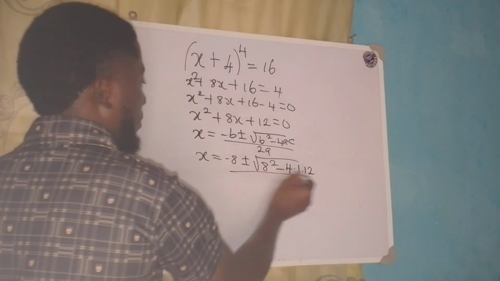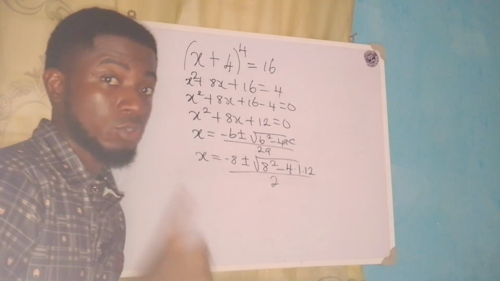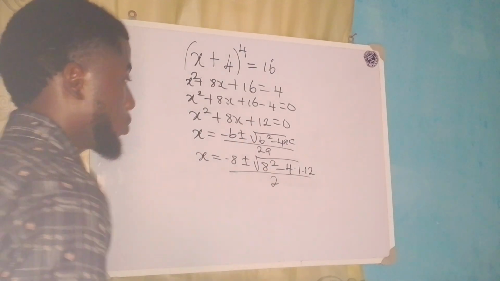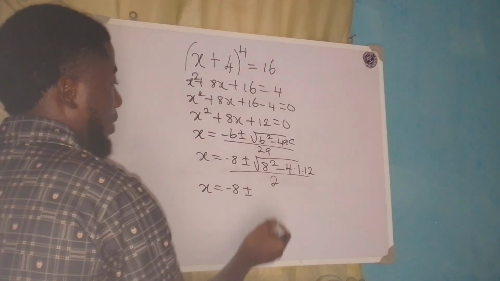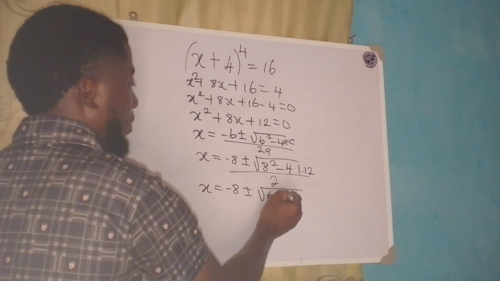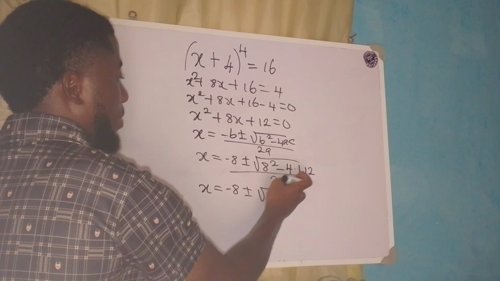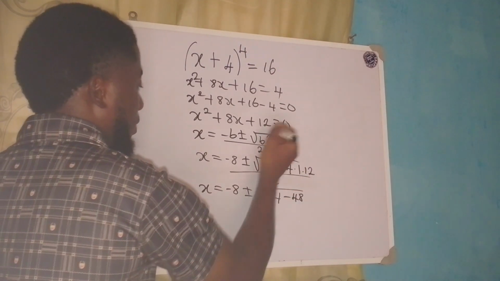So we divide all of that by 2 times 1, which will still give us 2. Now our x will be minus 8 plus or minus the square root of 8 squared, which is 64, minus 4 times 1 times 12, which gives us 48, right?